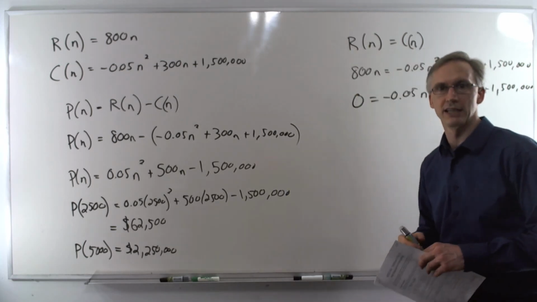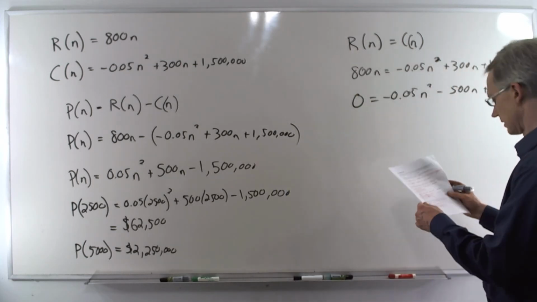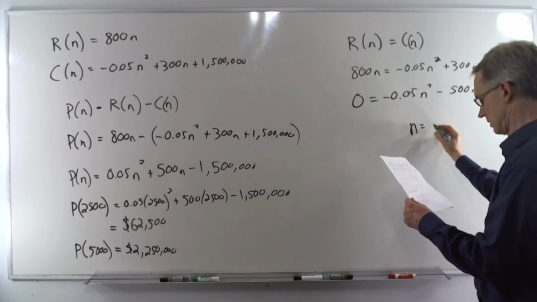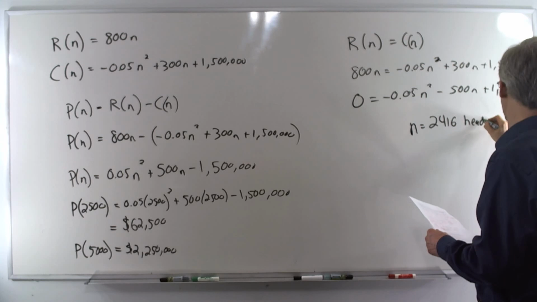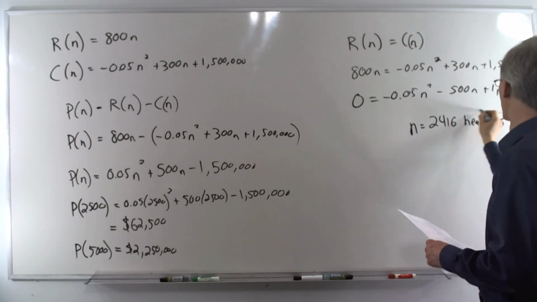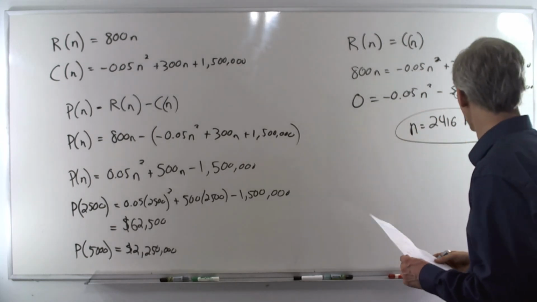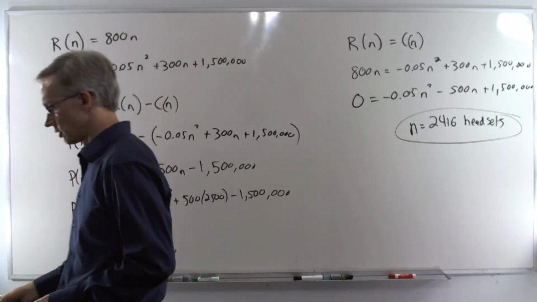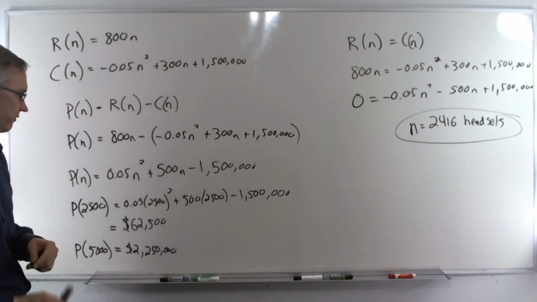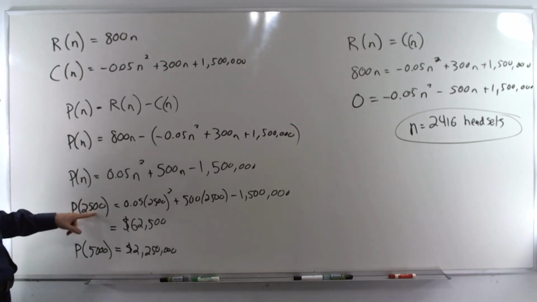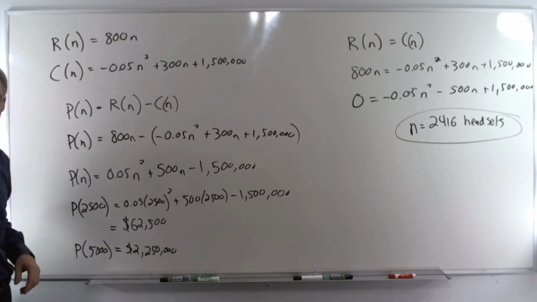So I'm not going to go into the details of this right now. Just going to let you know that n equals 2,416 headsets. So there's your break-even point. If they sell 2,416 headsets, they'll break even. And that's why we saw 2,500, just a little bit more, gave them that little bit of profit.